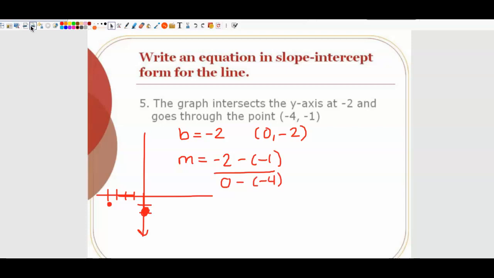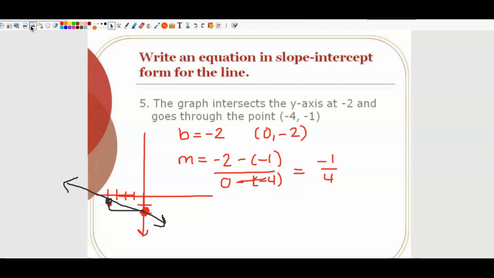So it's like negative 2 plus 1, which is negative 1, over a positive 4. And from this graph, if you looked at your points, you could kind of see that as well. It went down 1 and over 4.